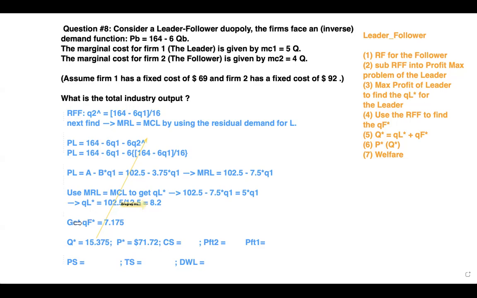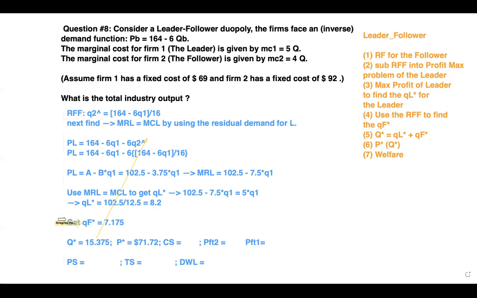I can tell you right now, if we had done this as straight Cournot, then the follower's output would have been higher. I don't know if you remember that from last time, because we made a similar point.